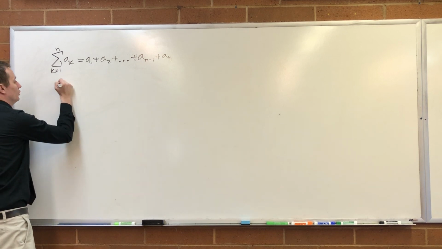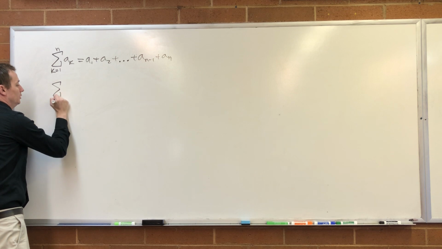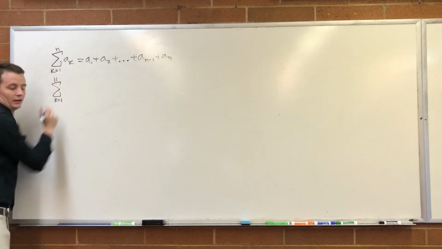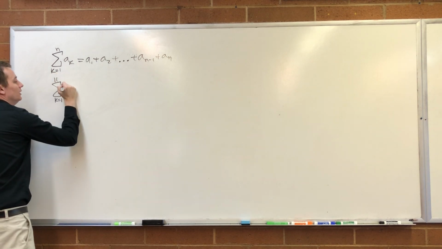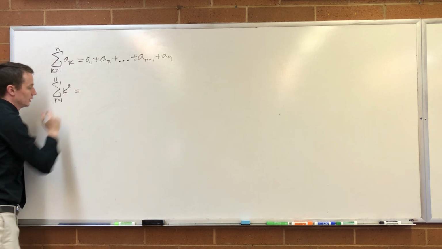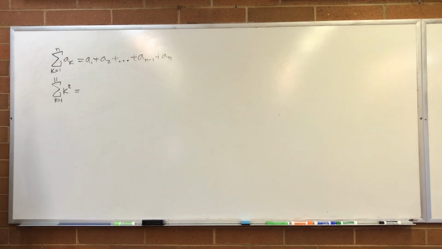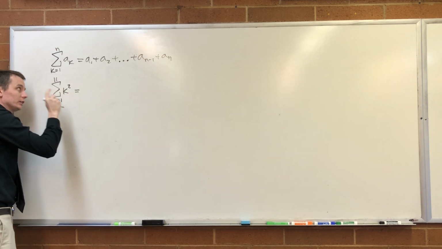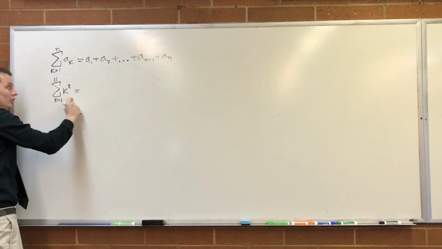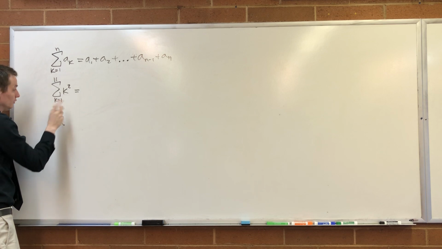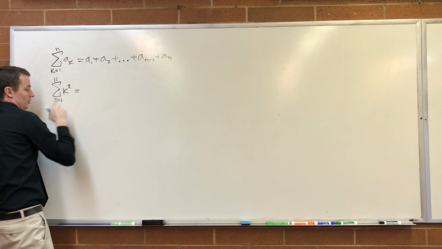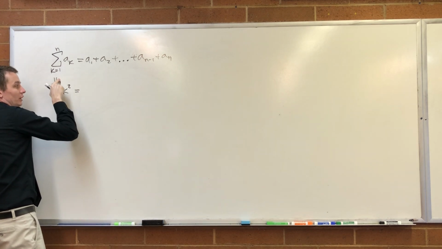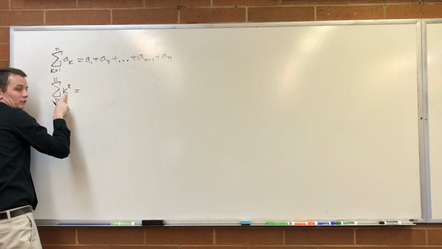So let's look at one really quick concrete example. Let's say we're looking at the sum from k equals 1 to 11 of k squared. What does this look like? We plug in 1 for k, then 2, then 3, then 4, 5, 6, 7, all the way up to 11. So this is shorthand: this is where you start, this is where you end, this is what you plug into.